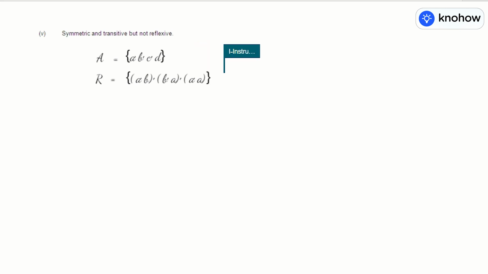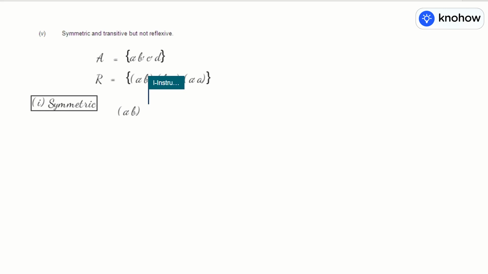Okay, let me first prove that it is symmetric and transitive. Firstly, let me prove it is symmetric. You know clearly (a,b) belongs to R and (b,a) also belongs to R. A is related to B and B is also related to A. And (a,a) is there, so if you write it in the reverse way, it will remain (a,a). So it is clearly symmetric. Yes, the given relation is symmetric.